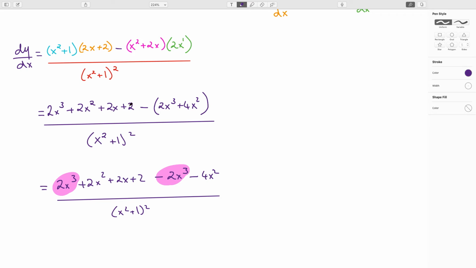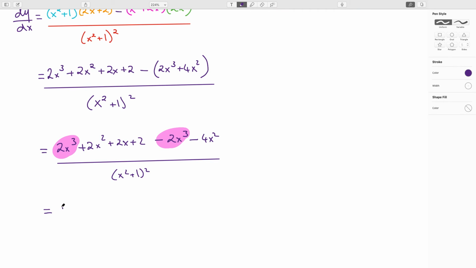So combining those together, I'm going to get 0x cubed or just 0, it'll go. The x squareds then, so if I look at all my x squareds and group those together, what I have is 2x squared minus 4x squared. So if I have 2x squared and I take away 4x squared, I'm left with minus 2x squared, and then I'm left with 2x plus 2 all over x squared plus 1 all squared.